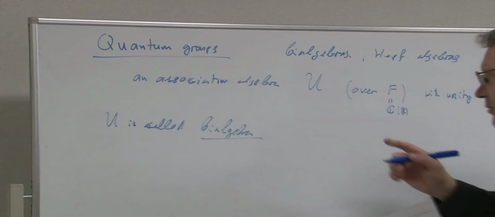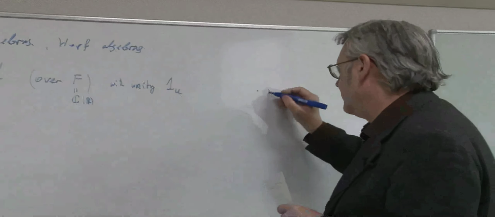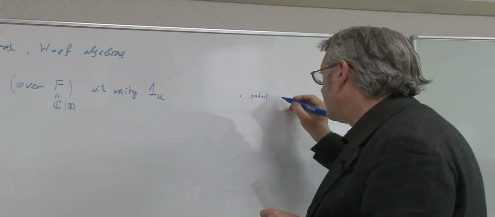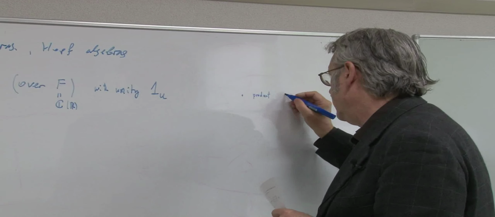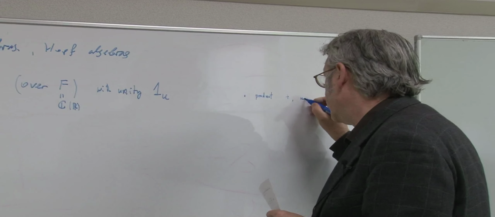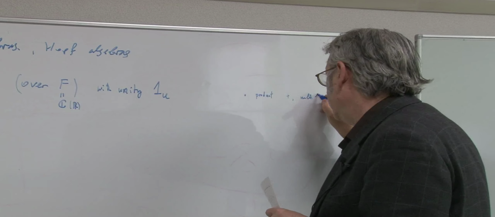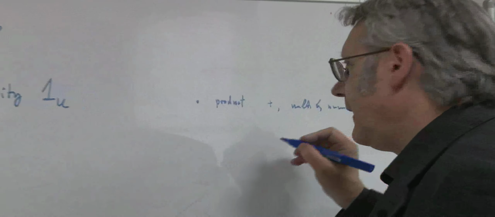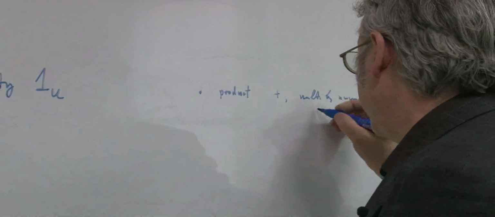Now, if it's an algebra, of course, it has a product, and of course you can add elements and multiply by numbers. Of course, this you know. So in fact, you also have a zero element and a unit element.